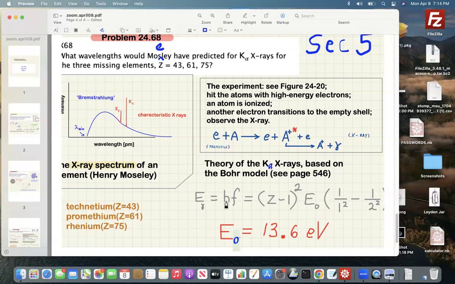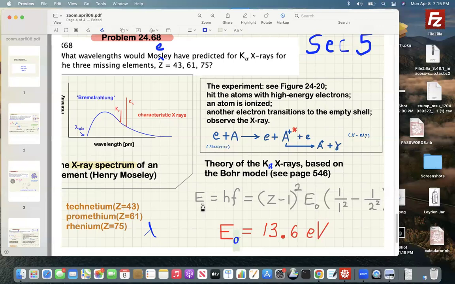h is just Planck's constant, that's universal, so you can look that up anywhere. And so you see this equation tells you f. Now the problem doesn't ask you what's f, the problem asks you what's the wavelength. So there's one more step to go through. From f, which you calculate here, you have to get the wavelength. But remember, we're talking here about a photon.